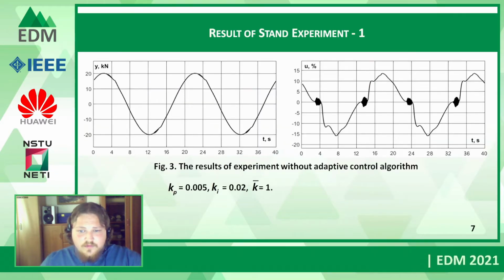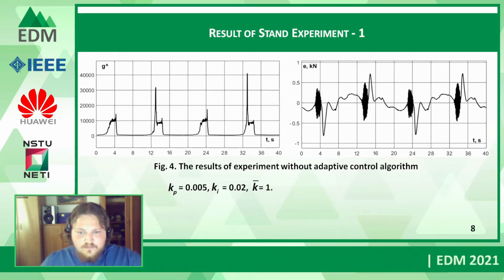In order to verify this method, the first thing was an experiment in which the compensation coefficient k with a bar is equal to 1, which corresponds to the usual operation of the stand with a P controller. The oscillograms show that there are oscillations in control action.